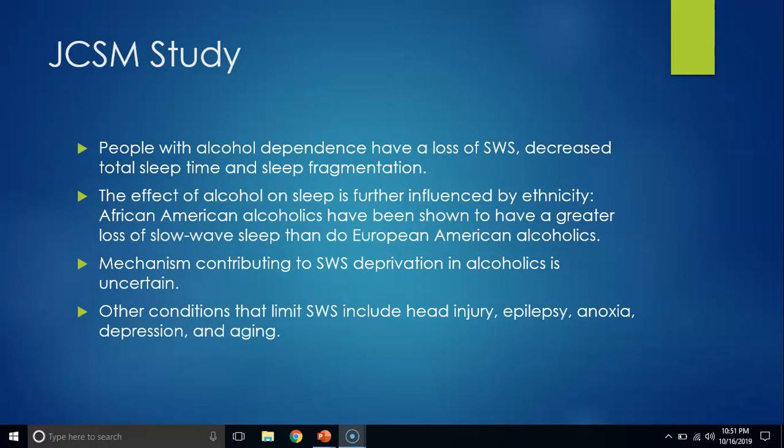They saw that African American alcoholics have been shown to have a greater loss of slow-wave sleep compared to European American alcoholics. The mechanism contributing to the slow-wave sleep deprivation in alcoholics is uncertain, though. And other conditions that could limit slow-wave sleep include a head injury, epilepsy, anoxia, depression, and aging.